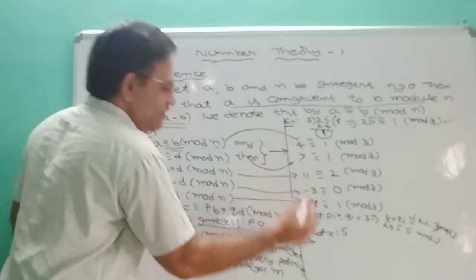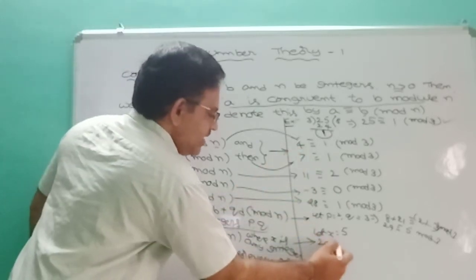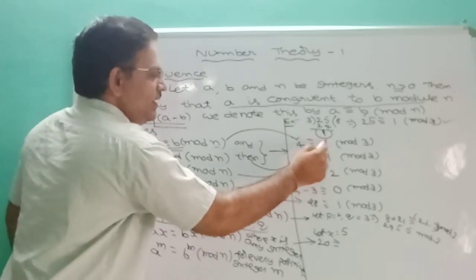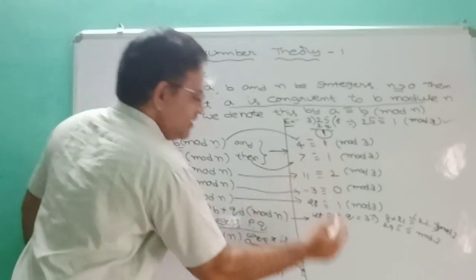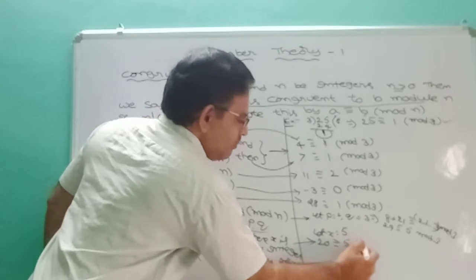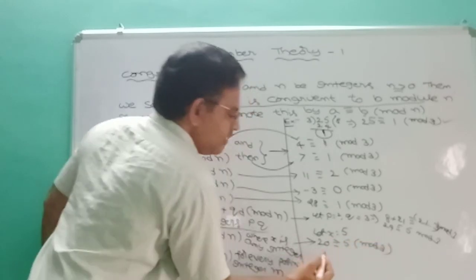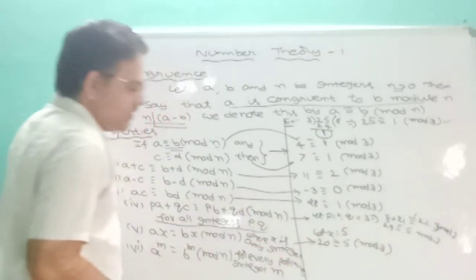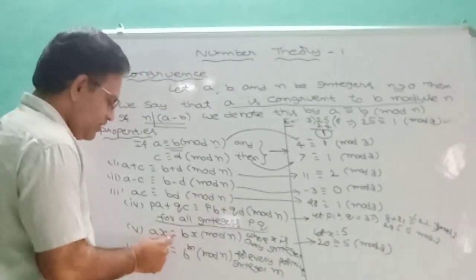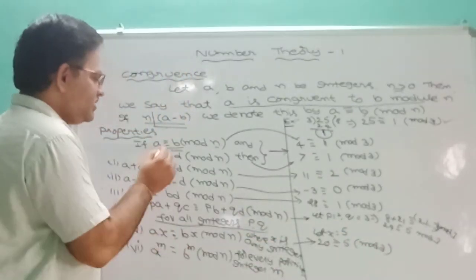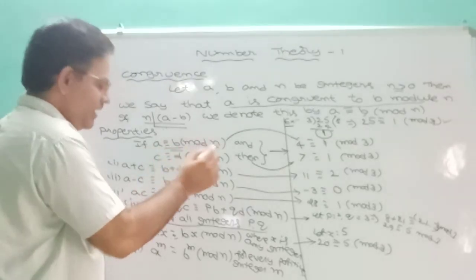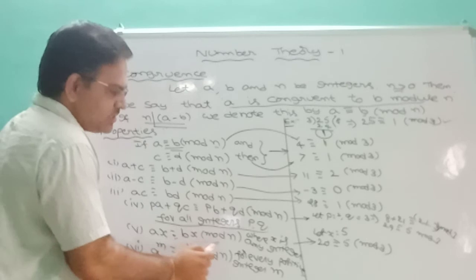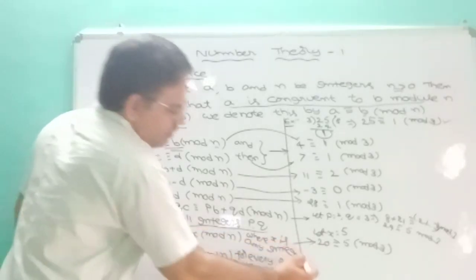Substituting this, 5 times 4 is 20, congruent to bx, 5 times 1, 5, mod 3. 20 minus 5 is 15, and 15 is divisible by 3. So ax is congruent to bx mod n. Proved.